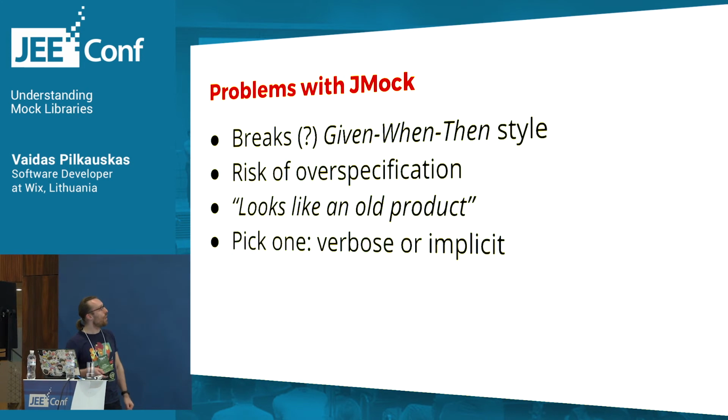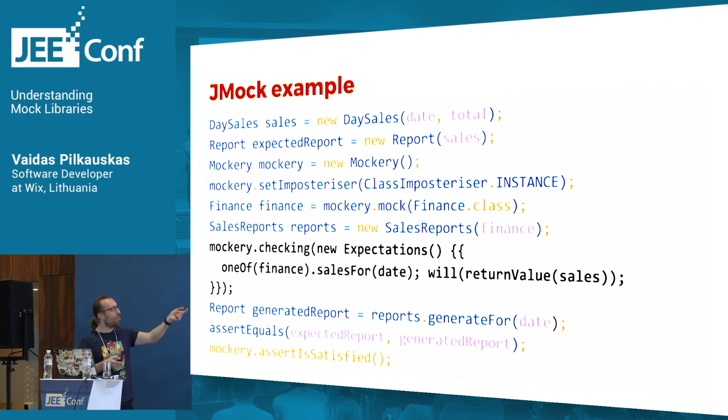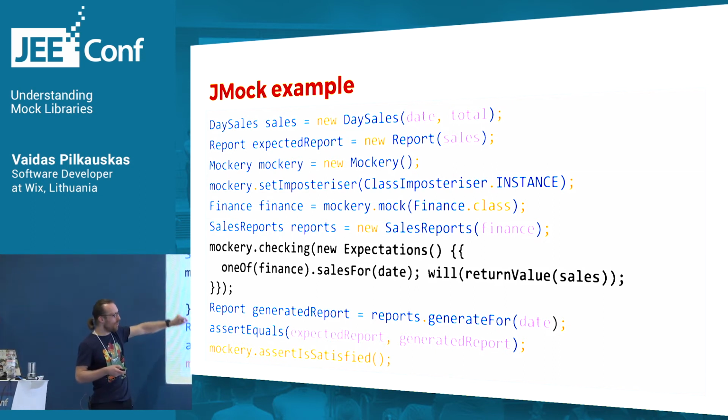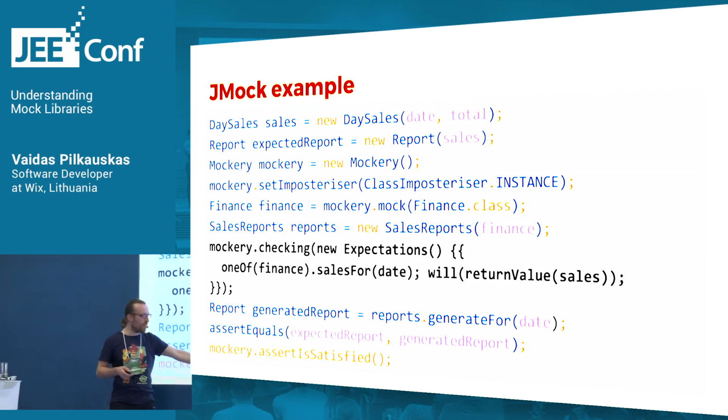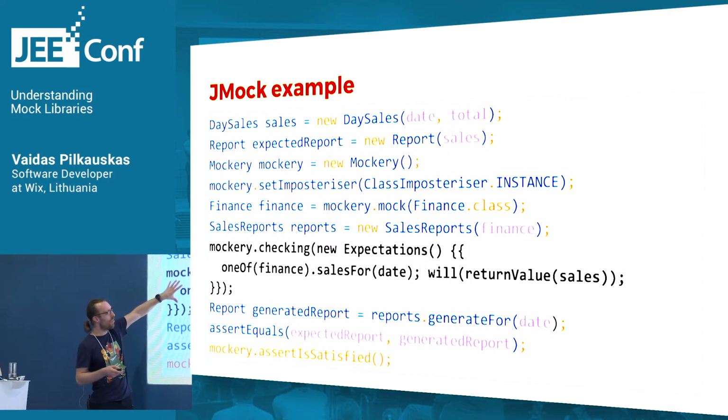All right. So what's wrong with Mockito? First of all, if you have noticed, I didn't do much. This assert is satisfied is actually an optional thing. All the expectation testing was specified here.